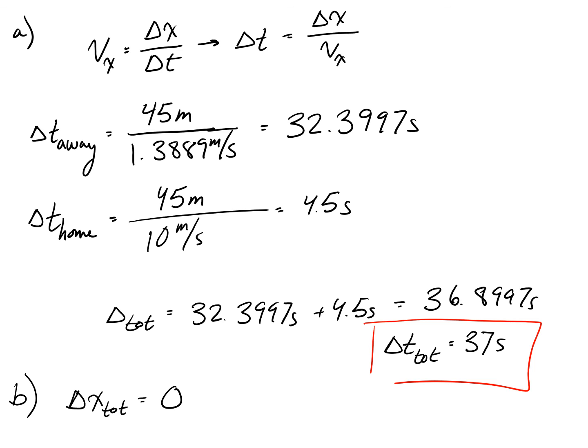That adds up to 0. So our total displacement is 0. That means that our velocity for the entirety of the trip is going to be 0 meters per second. You don't actually have to show any math for this as long as you say the displacement is 0, because we are starting and ending at the same point. That tells us that our velocity value would have to be 0.